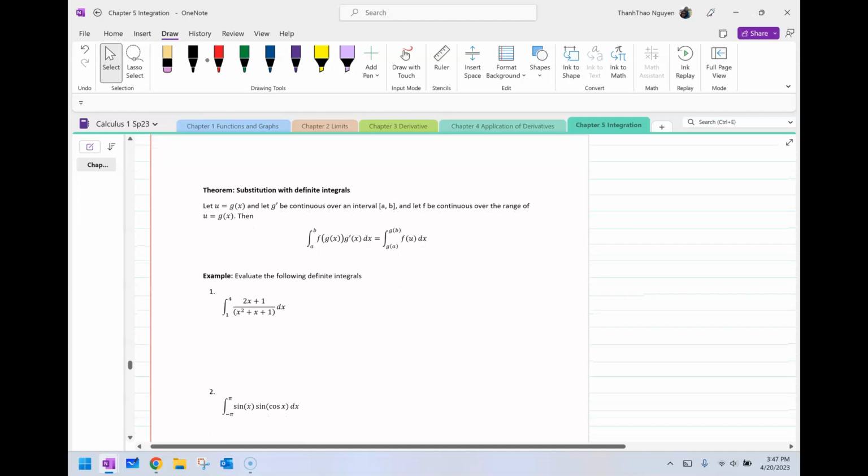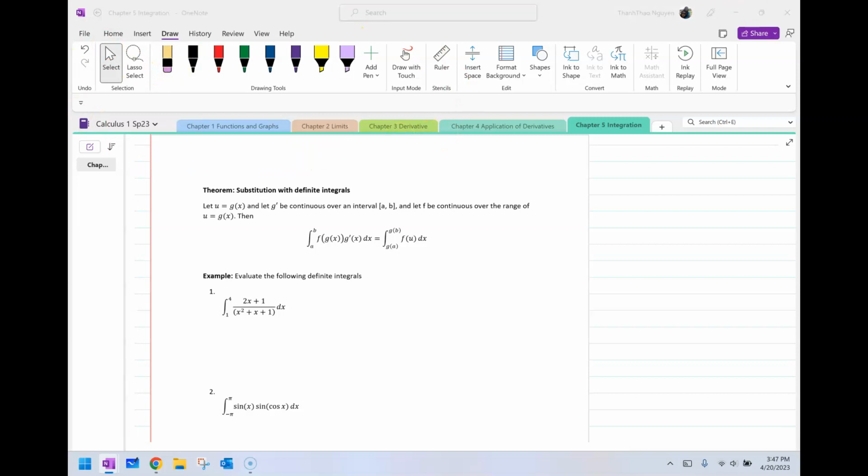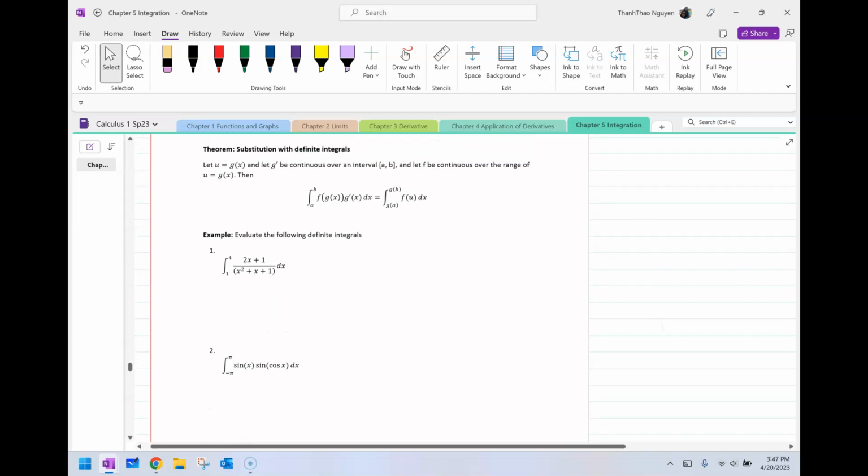Now substitution with the definite integral. What's different now is that after we finish doing the integration, we will then evaluate this at the two endpoints. So let's take a look at this.